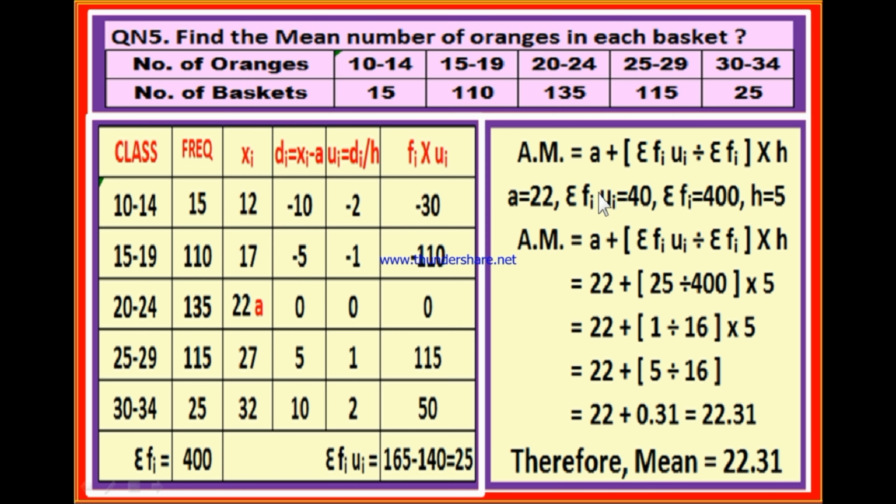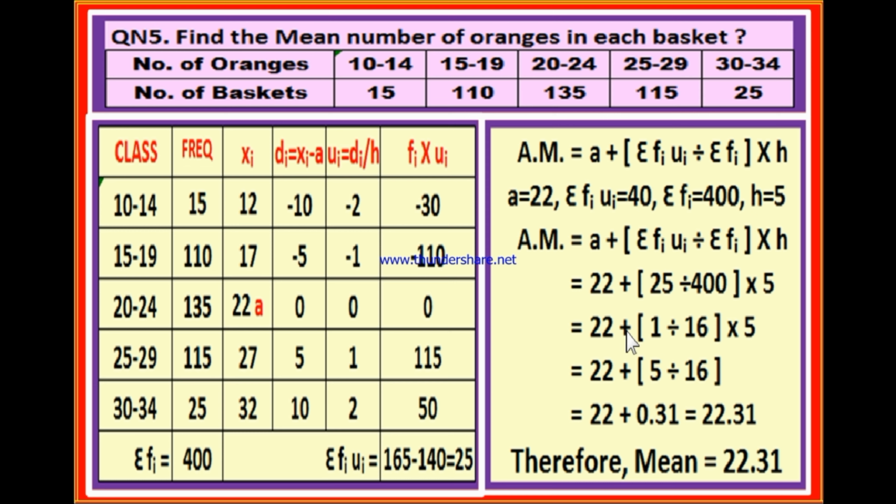Now substitute these values. AM equals a plus sigma fi ui divided by sigma fi, into h. 22 plus 25, not 40, 25 divided by 400, into h, the height of the class, which is 5. Understood?